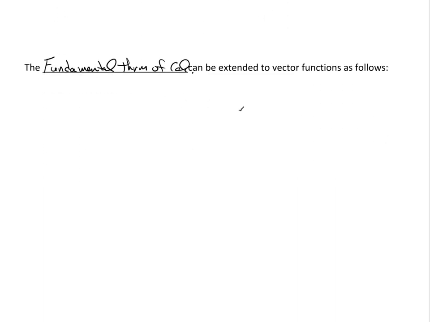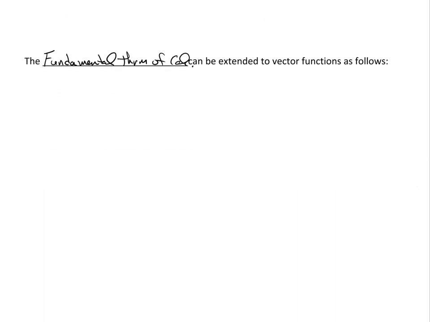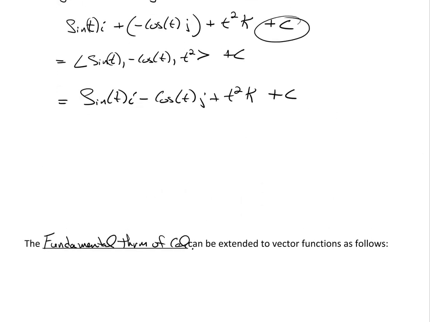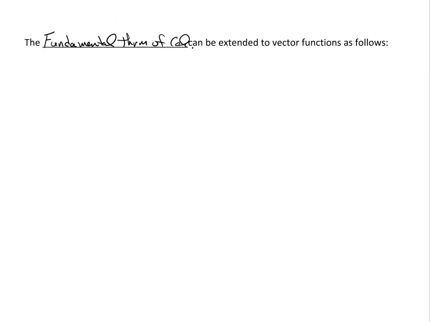Now, as I was saying, the fundamental theorem of calculus can be applied. When we have a definite integral, because this one was indefinite, that c goes away because it cancels itself out. So the integral from a to b of r of t dt is equal to capital R of t evaluated from a to b.